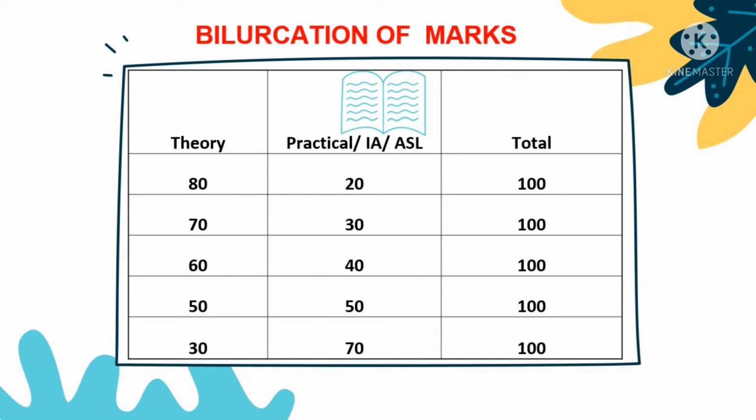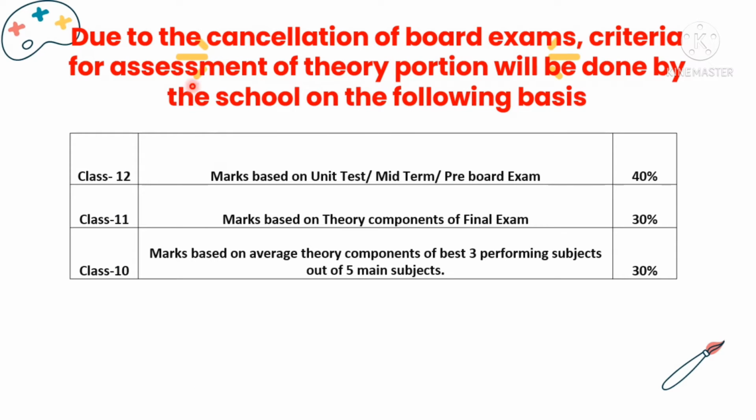Now due to the cancellation of board exams, the criteria for assessment of the theory portion will be decided by the school on the following basis. This criteria for assessment has to be done by the school only. And what is the criteria? Listen very carefully. CBSE is going to take marks from class 12, class 11 and class 10.